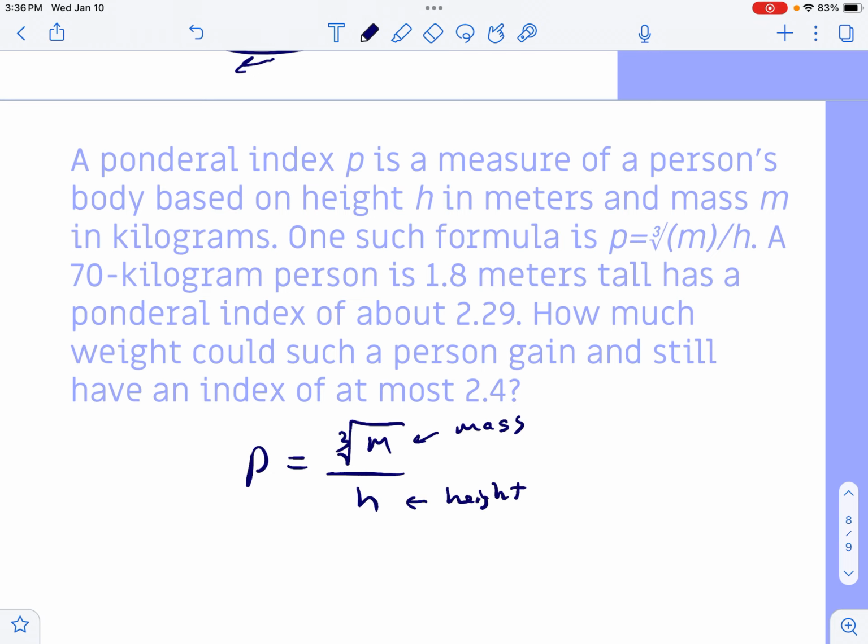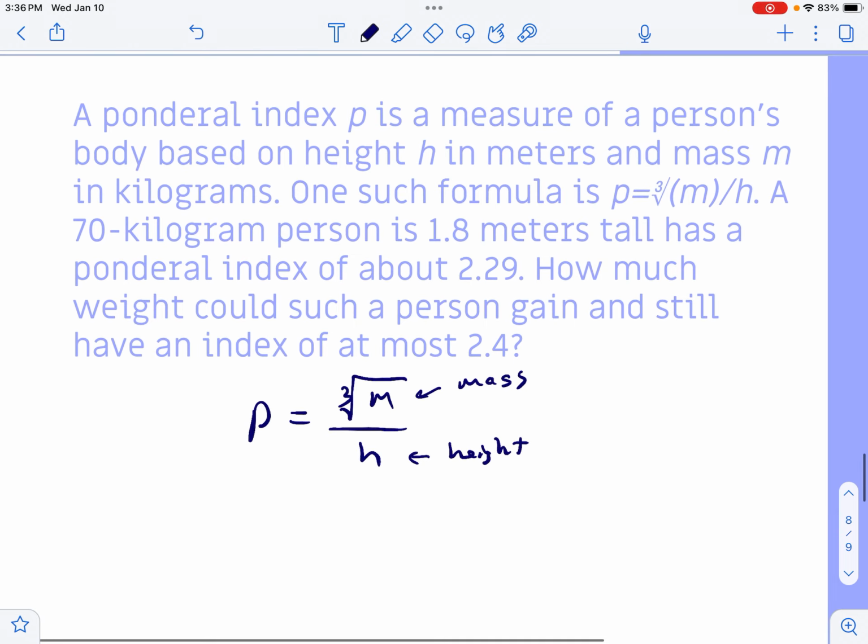Okay, and then P is that ponderal index. A 70 kilogram person is 1.8 meters tall and has a ponderal index of 2.29. If you plugged them in, you'd get 2.29 for P right here. How much weight could such a person gain and still have an index of at most 2.4?